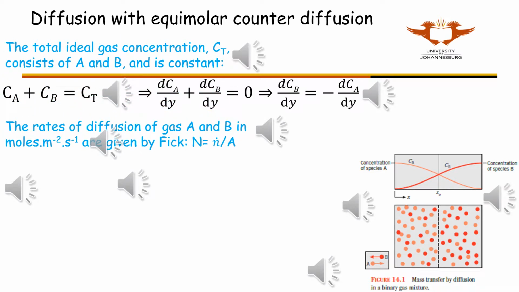In the following equation, note that the equation for NB is multiplied by -1, left and right. Substituting for dCB by dy from above.